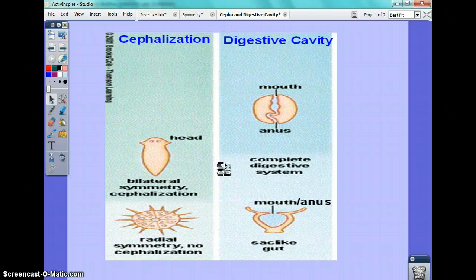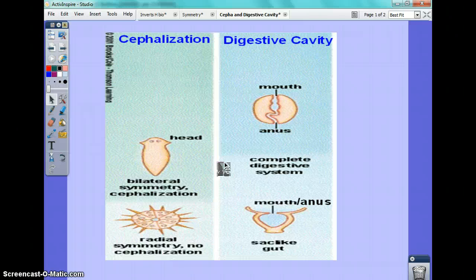Digestive cavity, tell me about those. Well, every organism has to eat or obtain energy through food, because we're heterotrophs.